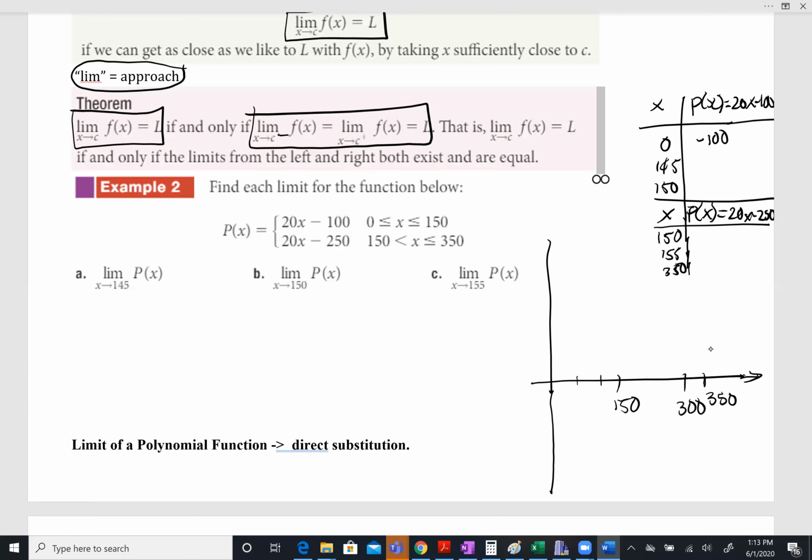So I'm going to use 145 multiplied by 20, and then minus 100. So I have 2,800. Okay. And then 150 multiplied by 20 minus 100. I have 2,900.